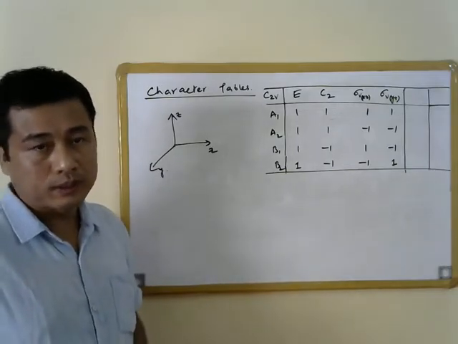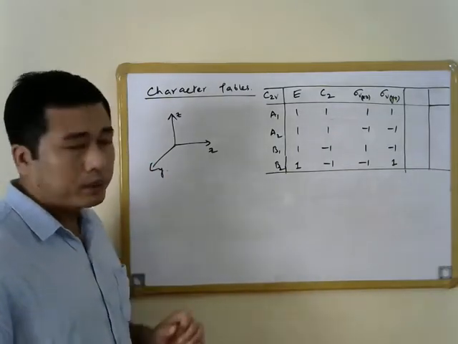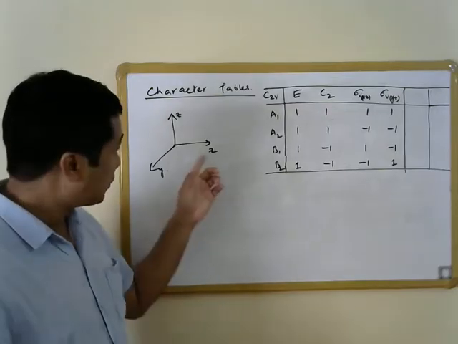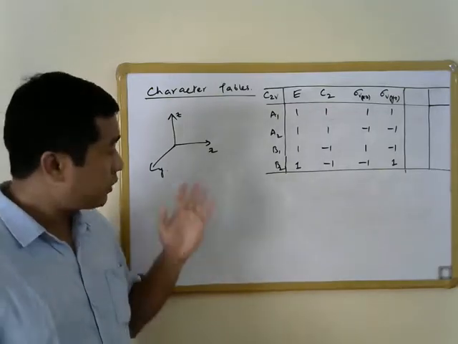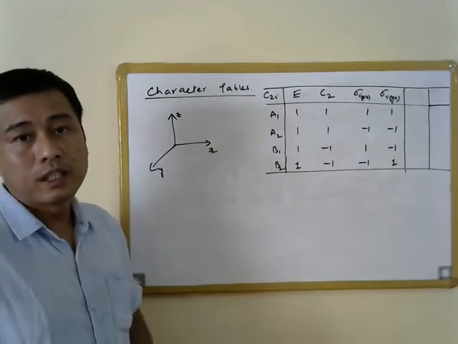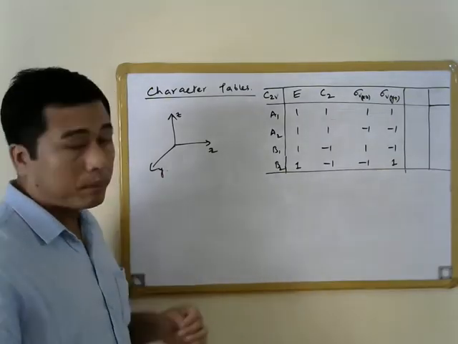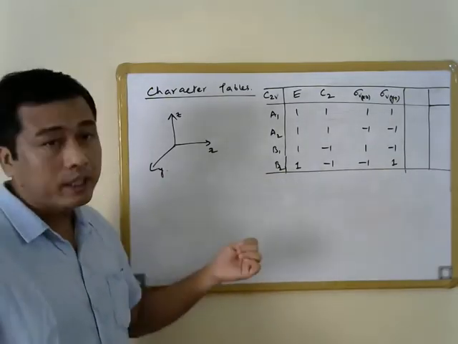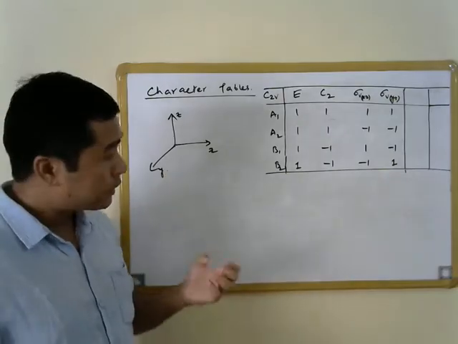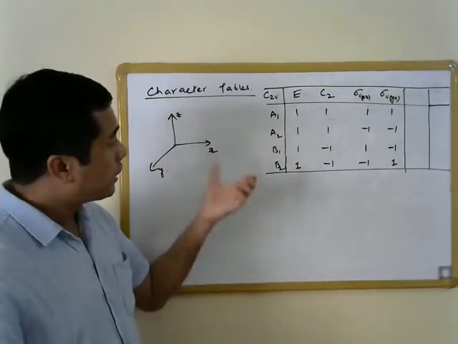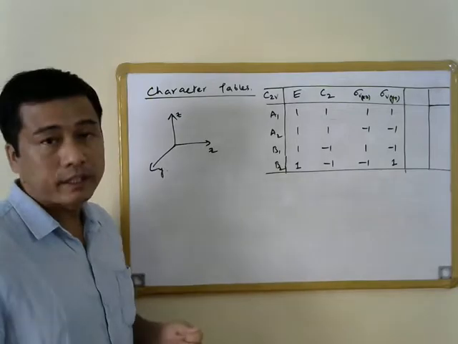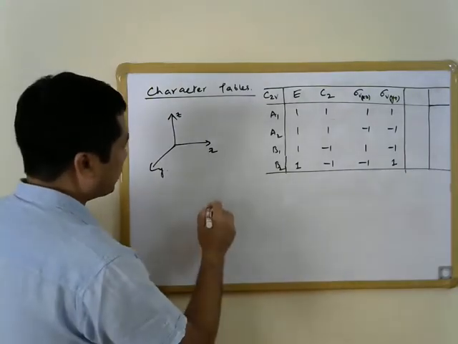So what we can do is take any one of the coordinates as the basis, find the representation for that coordinate, and then match the characters of the representation we obtained with one of the irreducible representations, to find out which irreducible representation the coordinate transforms as.